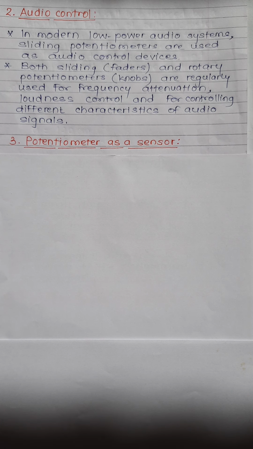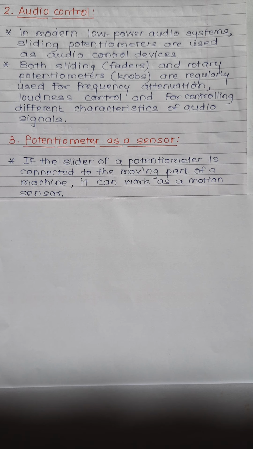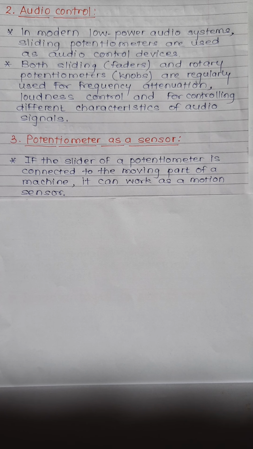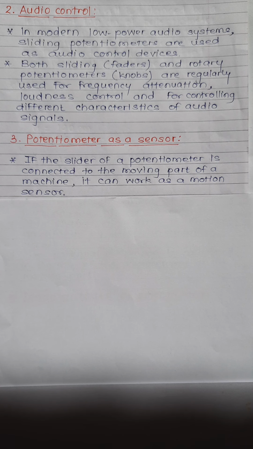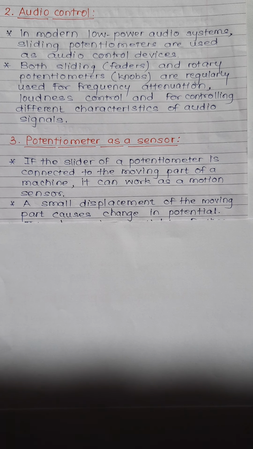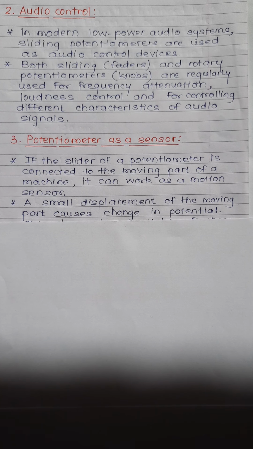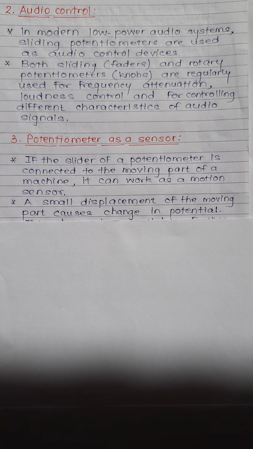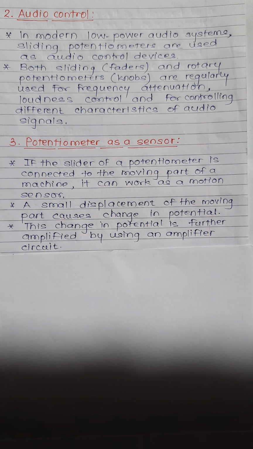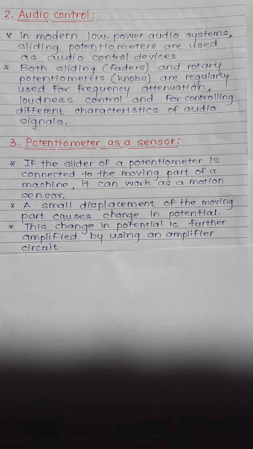Third one, potentiometer as a sensor. If the slider of a potentiometer is connected to a moving part of the machine, then it can work as a motion sensor. A small displacement of the moving part causes a change in potential and this change in potential is further amplified by using an amplifier circuit.